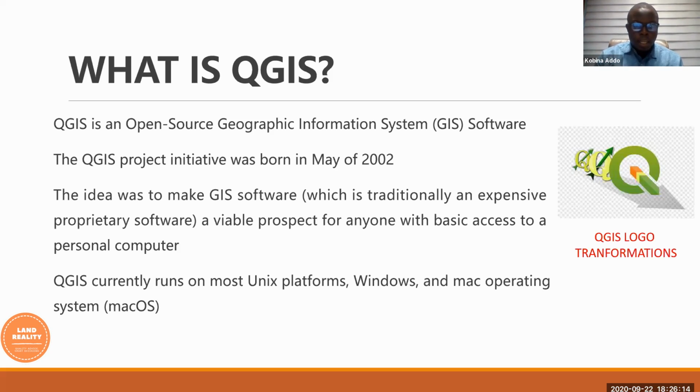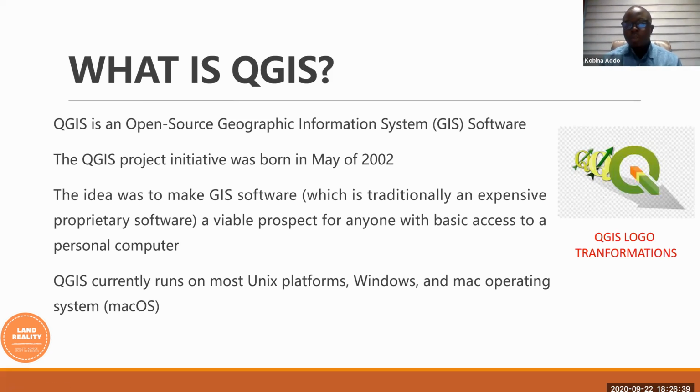And it's also very versatile because it's coded in Python and Qt tools. Most of these Python and Qt tools, they are new and very user-friendly programming languages that have come up. So it's a project that was born somewhere in 2002.